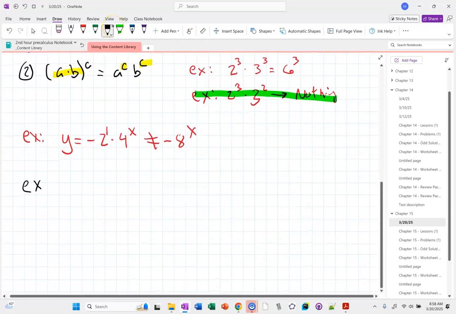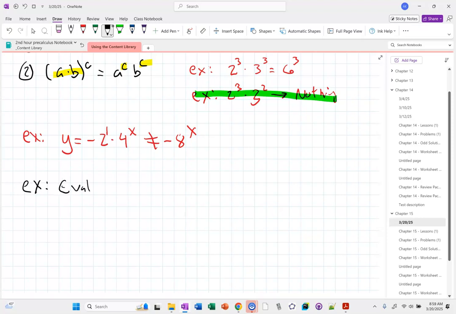So let's do just some simple evaluation. I'm going to say my f of x is just this -2 times 4 to the x that we've been talking about.